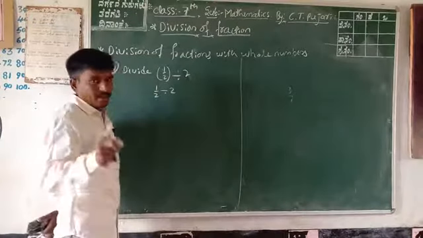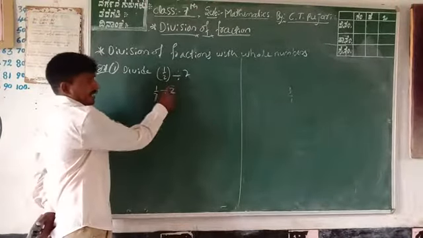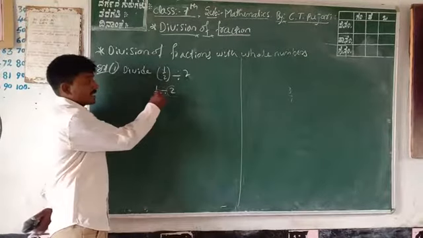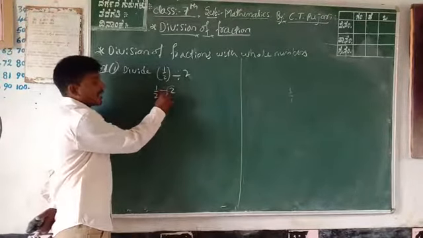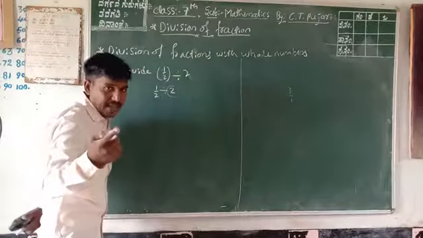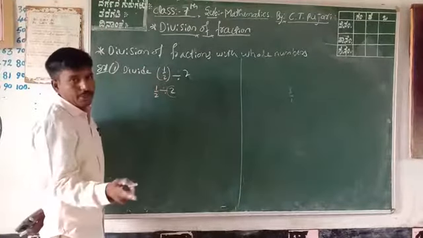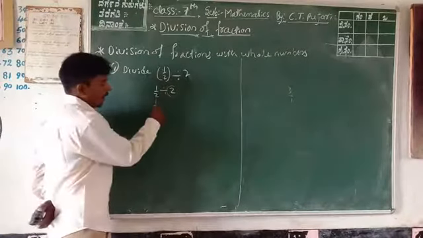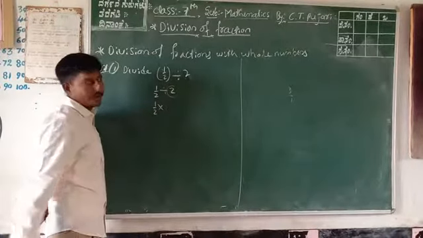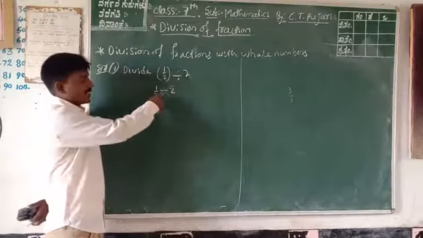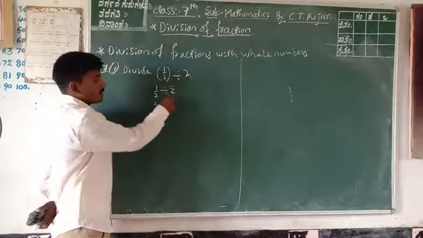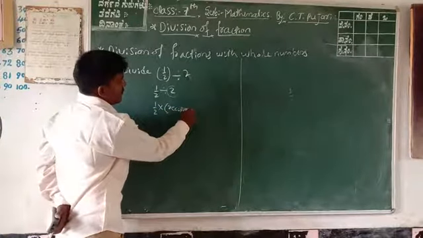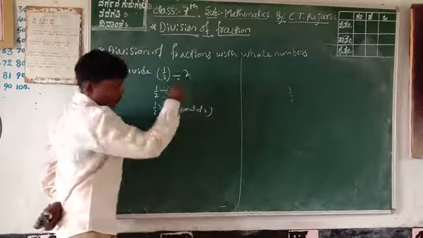Therefore, take the reciprocal of the second term and change the division sign into multiplication. So 1 by 2 into the reciprocal of 2.